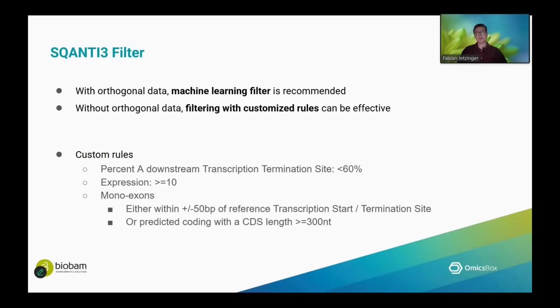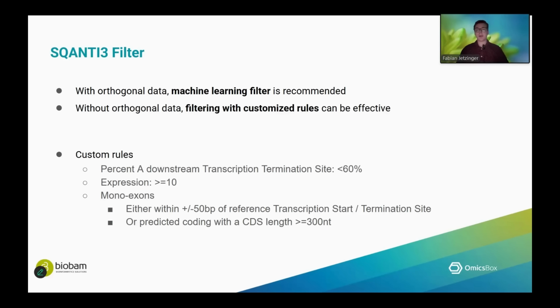Specifically, the rules we have introduced are that we require a transcript to have a percentage of A's downstream of the transcription termination site of under 60%. Now, this is a fairly standard rule in scanty-free filtering that is essentially aiming to filter out any artifacts produced by intra-priming, by primers binding to A-rich regions within a transcript.